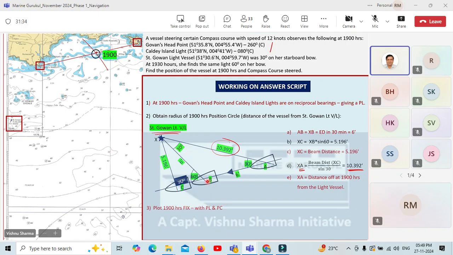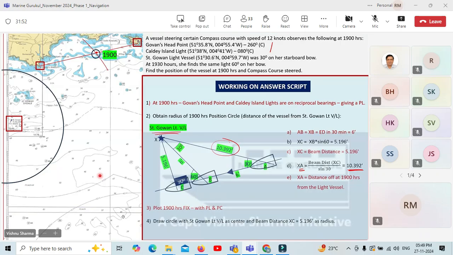So I open my compass 5.2 miles, put my compass at Saint Gowan, and I draw a circle here, not a position circle. I draw a circle with 5.196 or 5.2 miles as radius and Saint Gowan as the center.